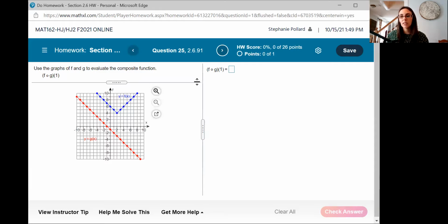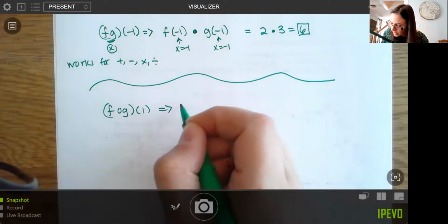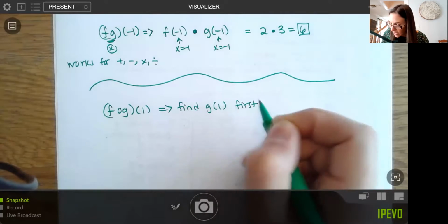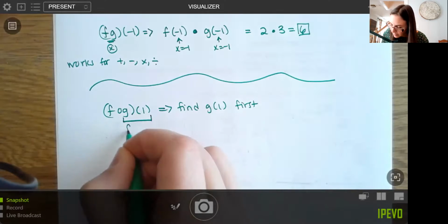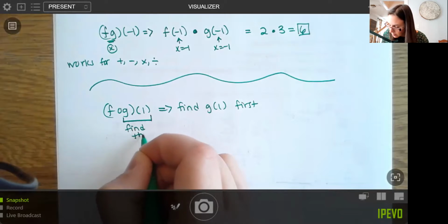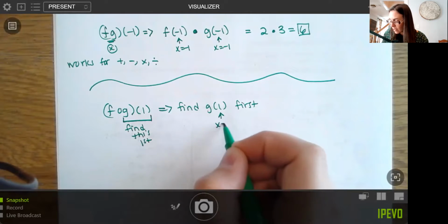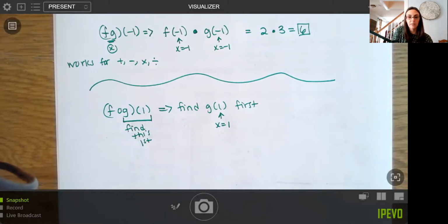You actually just need to do it for the inside function first. So when you have a composition like this, what you're going to do is find g of 1 first, or whatever the inside function is. The x value is 1 here, and I need to know what the output is for that.